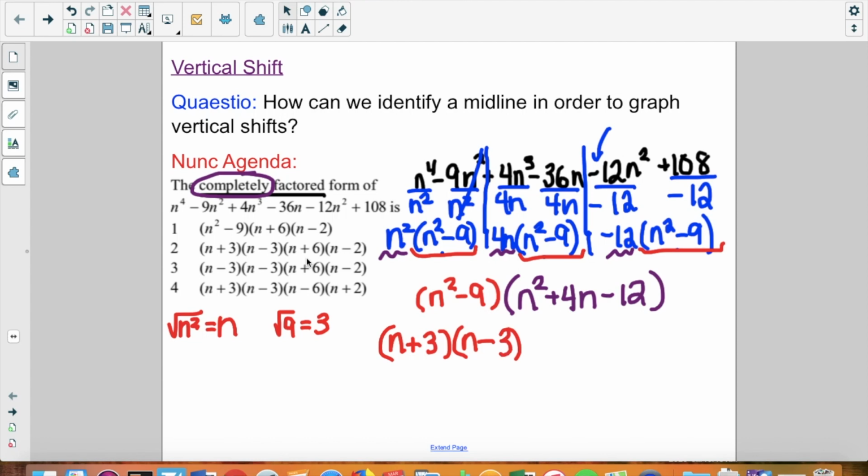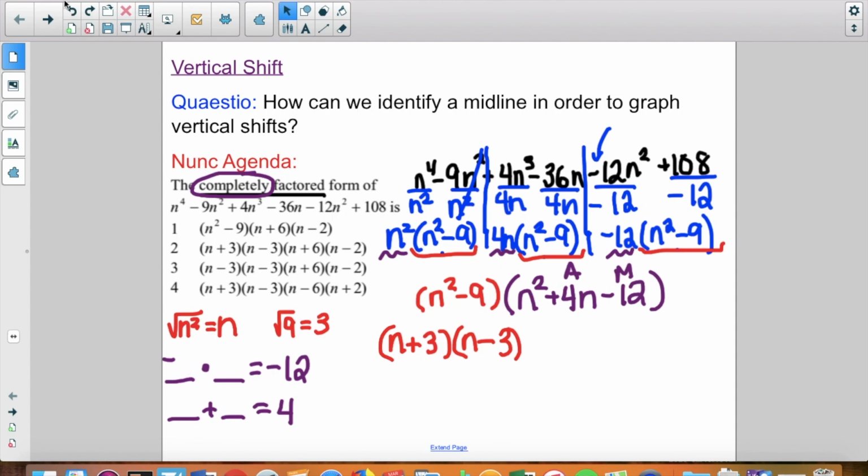Now let's look at the second parentheses. We have 3 terms. There's no number in front of n squared. That tells us that we have to use the AM method. So to use that, you have to find 2 numbers that multiply to negative 12, and those same 2 numbers have to add to 4. Those 2 numbers end up being a positive 6 and a negative 2.